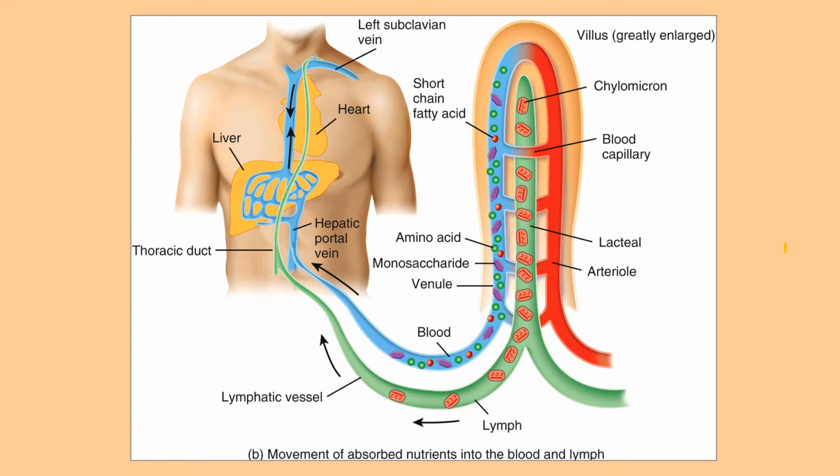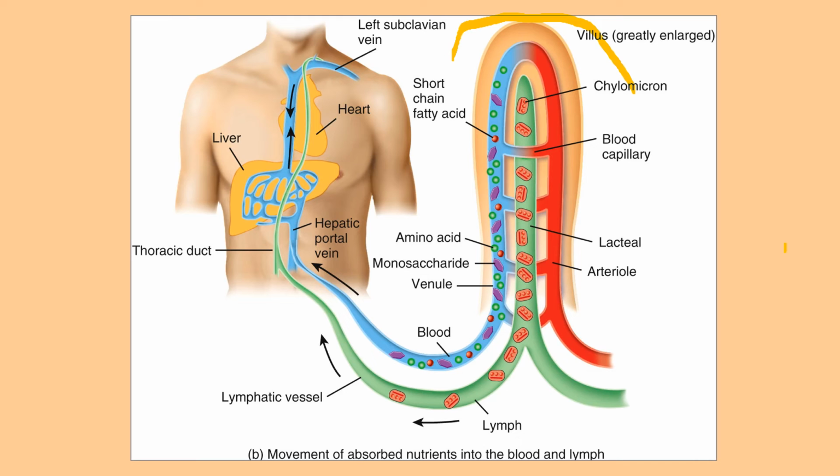This is a fantastic image. It conveys a lot of important information in a relatively simple format. So what we can see here is a single intestinal villus, and in the core of that villus, we see blood capillaries and we see a lacteal. And absorption is occurring, and we know absorption is occurring because in the blood vessels, we see the water-soluble nutrients that were recently absorbed.